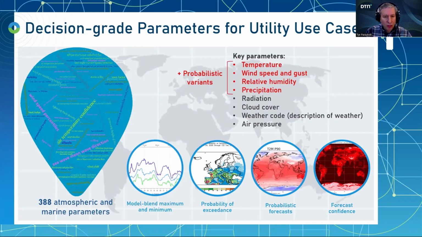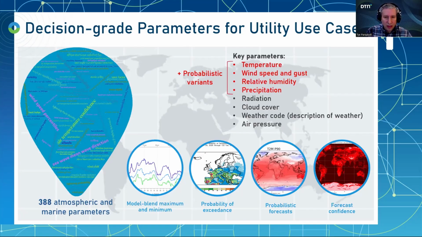This really gives you a sense of what the range of the forecasts is from the various models. It's basically the maximum wind speed that would ever be available in one of the input models, and then the minimum. The middle line in this plot would be the deterministic value.